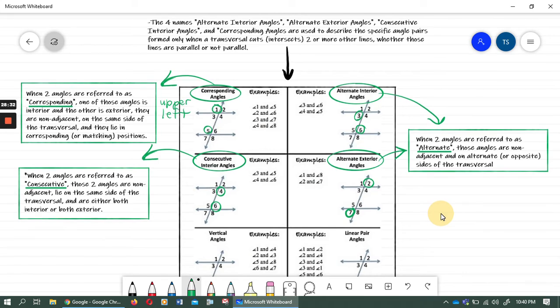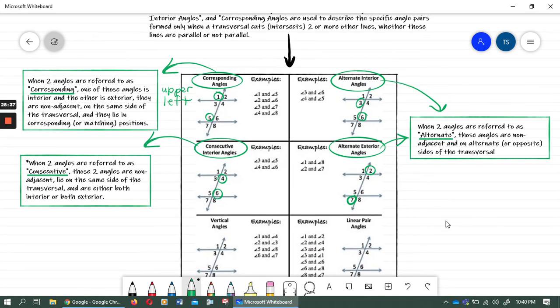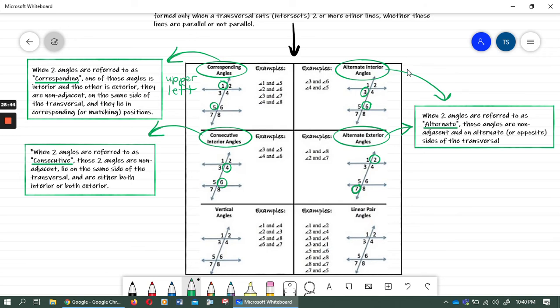Okay. So guys, as I made mention previously in this video, just because we've got these new types of special angle pairs that only happen when we have two lines and a transversal, that doesn't mean the other types of angle pairs we talked about before, like vertical angles and linear pairs, have gone away.